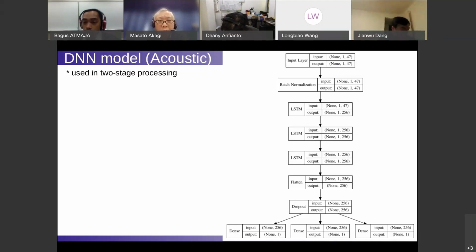Yes, the result is almost similar. I compared, but not in dimensional, in categorical emotion recognition. I think I published the comparison between LSTM and CNN at APSIPA 2019, and I obtained LSTM better than CNN. Okay.